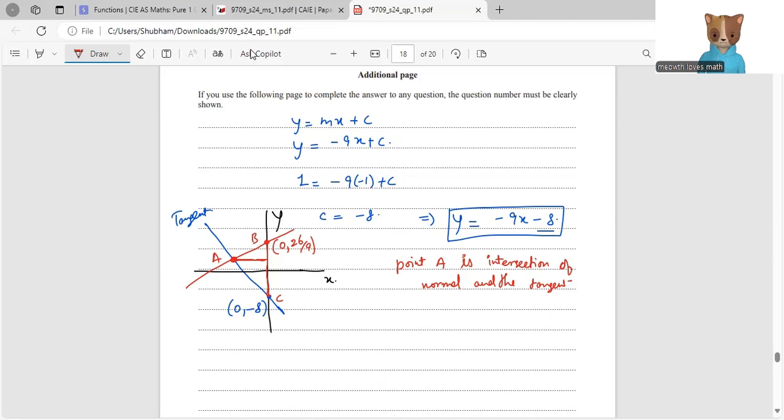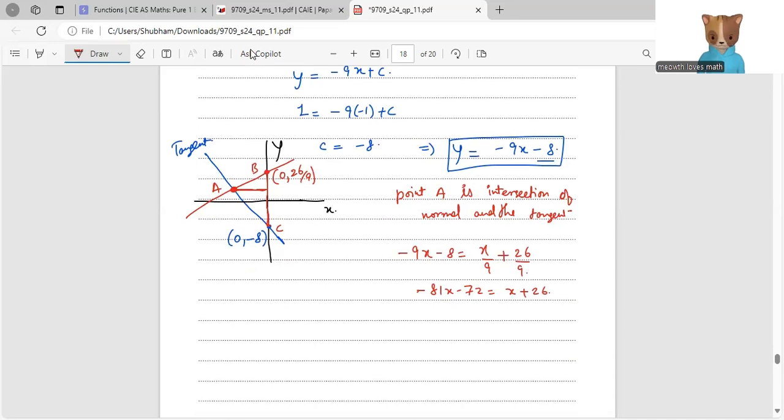So we get minus 9x minus 8 equal to x by 9 plus 26 by 9. When we solve this, we'll get negative 81x minus 72 equal to x plus 26. Rearranging this, we'll get 82x is equal to negative 98, or x equal to negative 98 over 82, which is negative 49 over 41.